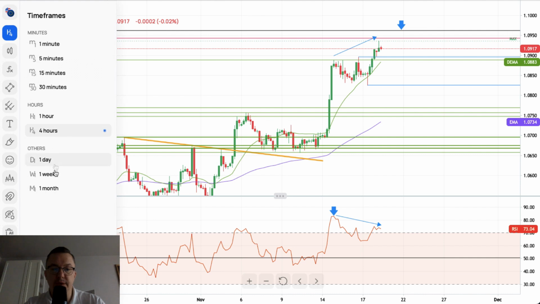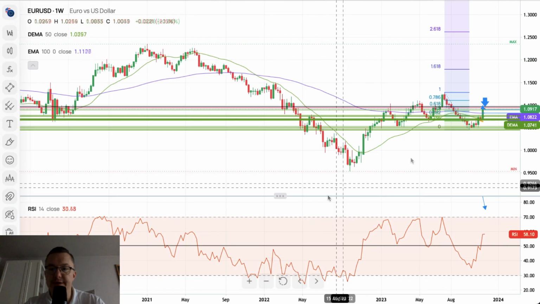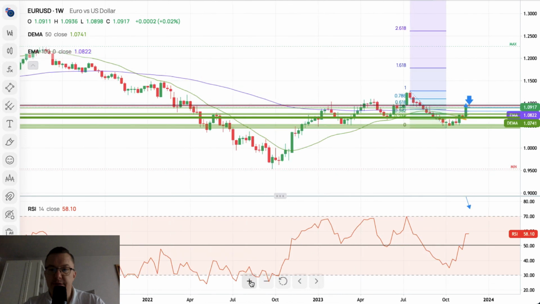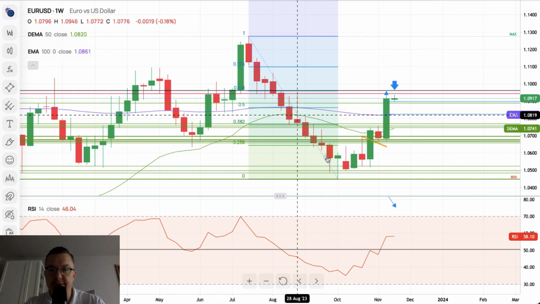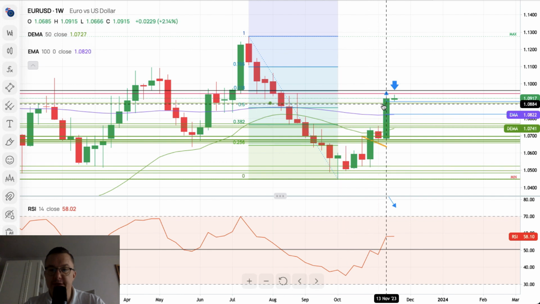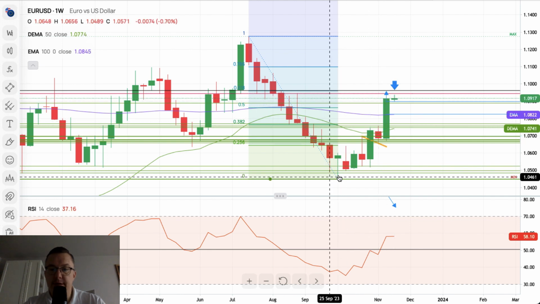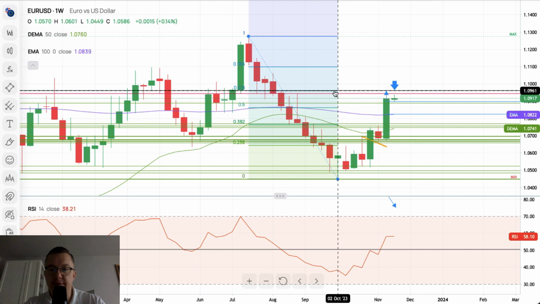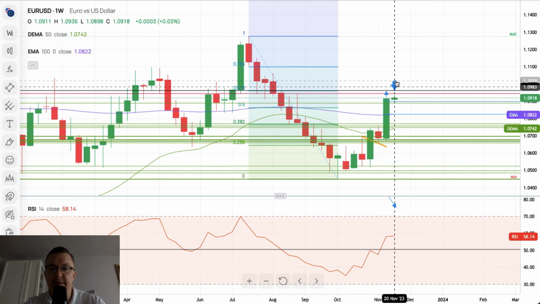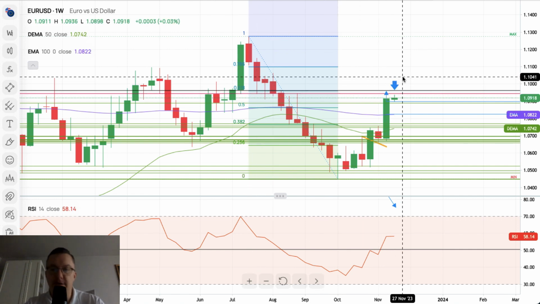If we switch to the weekly, you can clearly see on the weekly time frame chart that this recent movement to the downside, which lasted about 18 weeks, has been retraced in a great way, and a great territory, and 61% is about to be hit. This is the level where the blue arrow is, right?